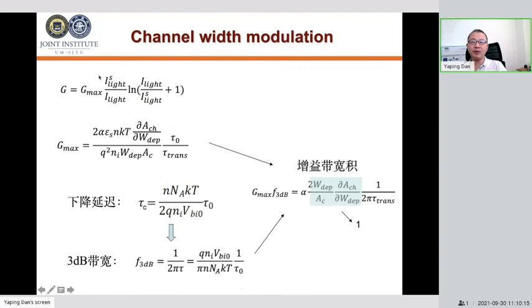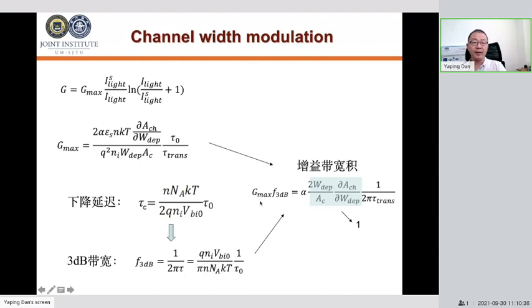Based on the maximum gain equation, we find the maximum gain can be expressed here. Based on the transient time, we find this equation, and then the 3 dB bandwidth can be written as 1 over 2 pi times tau c. We plug this equation back in, and we find this equation.